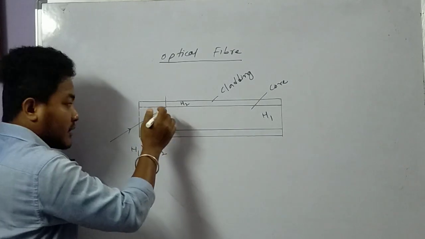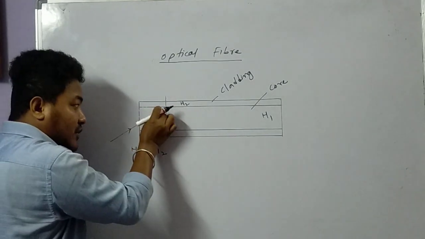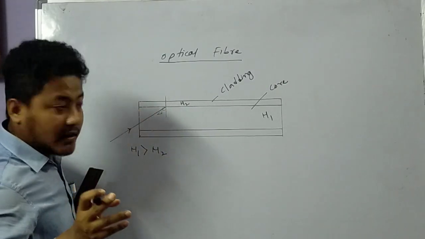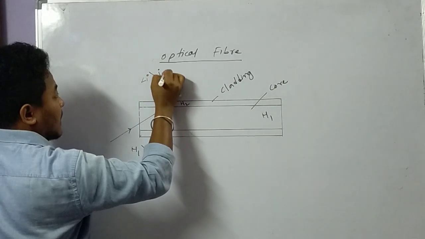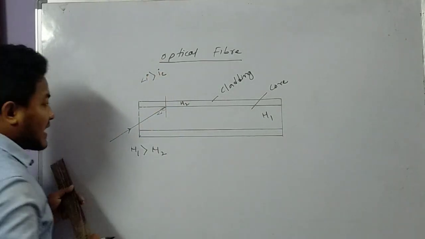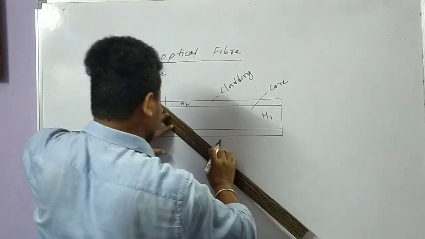Once the angle of incidence becomes greater than the critical angle, the outcome is total internal reflection.